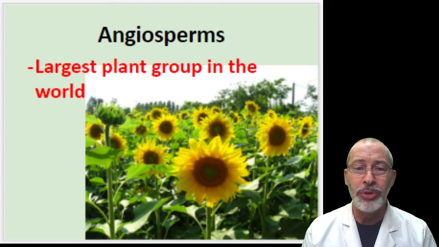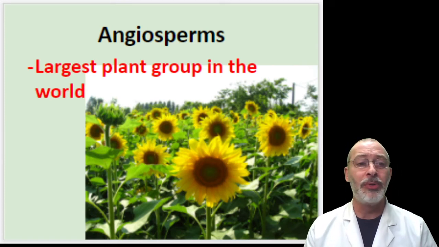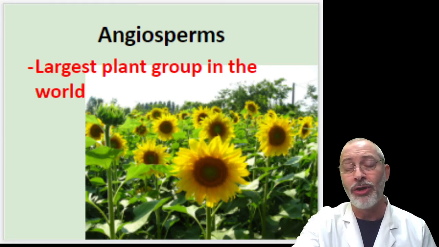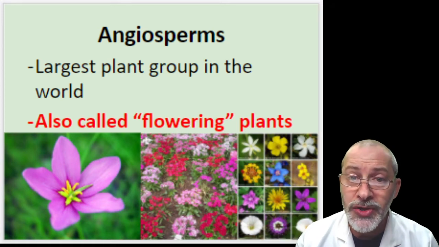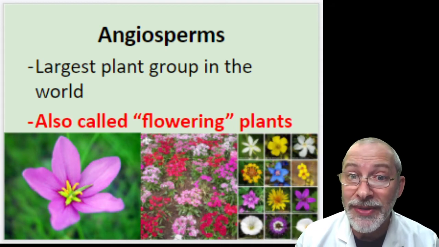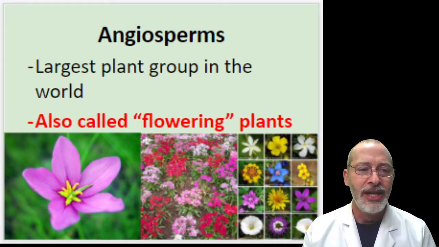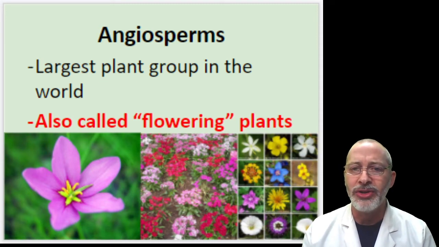And here we see a beautiful picture of sunflowers, a great example of a typical angiosperm. And because they produce flowers, angiosperms are also called flowering plants. And look at the variety and diversity of flowers that exist, the colors and the shapes.